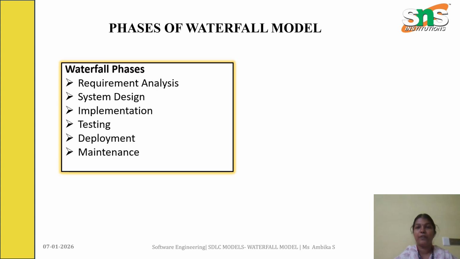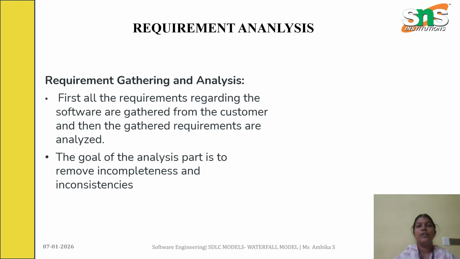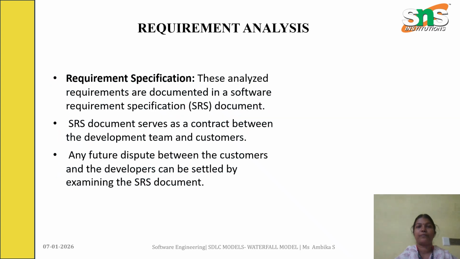Next one is the phases of the waterfall model. It includes the requirement analysis, system design, implementation, testing, deployment, maintenance. So the requirement analysis. First the requirements will be gathered from the customer, and then the gathered requirements will be analyzed. The analysis part includes removing the incompleteness and the inconsistencies.